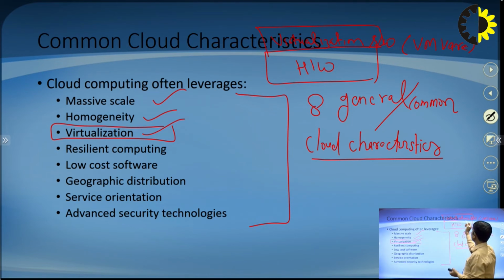This virtualization software enables multiple guest operating systems to run on the same host machine at the same time. This is OS 1, OS 2, OS 3, and similarly OS 4 and so on.